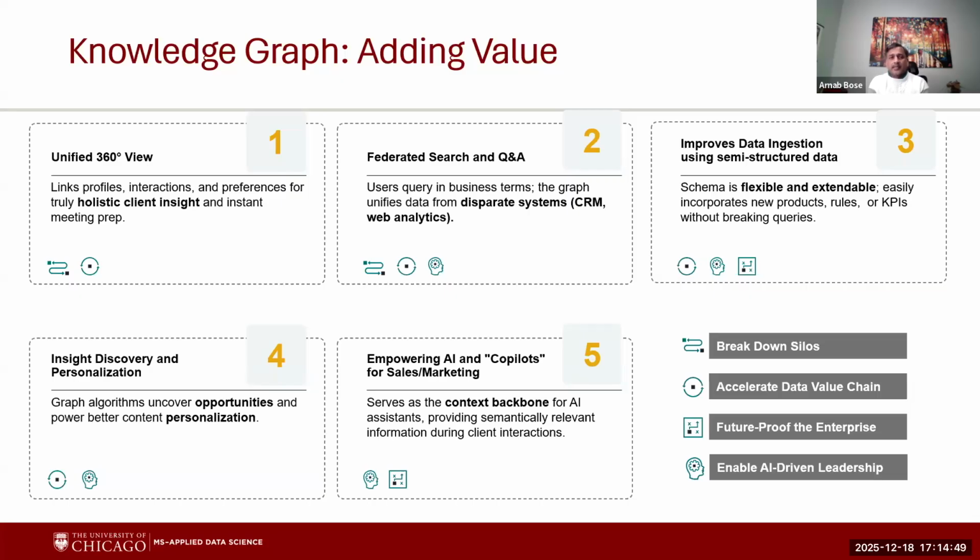And the other thing with the knowledge graph is that with the data ingestion that we saw, you're able to pull in new products, new KPIs without damaging or without breaking any existing analytics that's running. And existing analytics, going to point number 4, that's not only able to give you new discoveries, but you're also able to personalize the offerings.